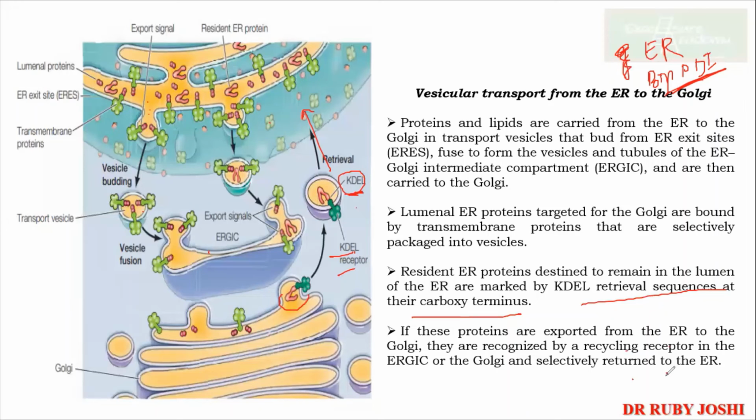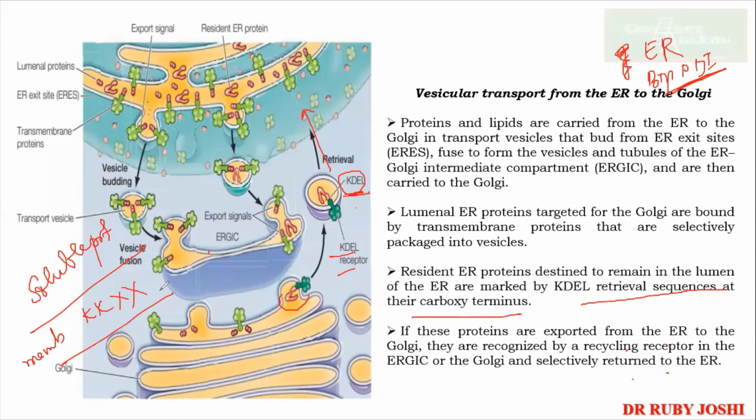So what is it that we have to remember here? The sequence, it is the KDEL sequence. Okay. Now again, the KDEL sequence is meant for your soluble proteins. It is for your soluble proteins. So what is the sequence? KDEL. If it is your membrane bound proteins, then the sequence is KKXX. Got it?